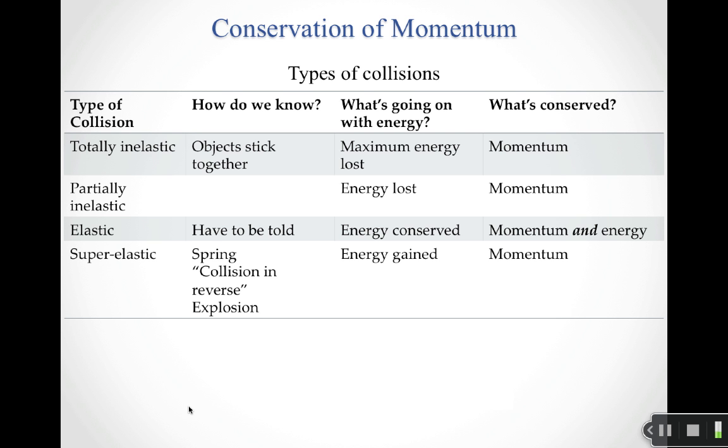The explosion comes from pieces within your system pushing away from each other, and those are all internal forces. So the net external force is still zero, so momentum is still going to be conserved in those situations. But now we're going to have much more energy at the end than we did at the beginning, so we've gained energy. That's one way of thinking about this type of superelastic collision.